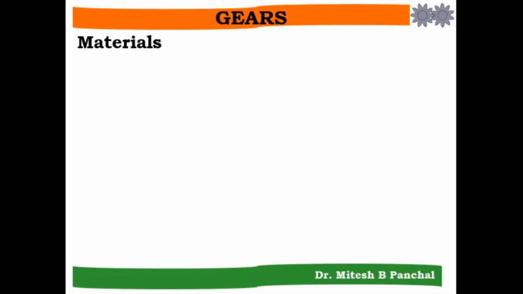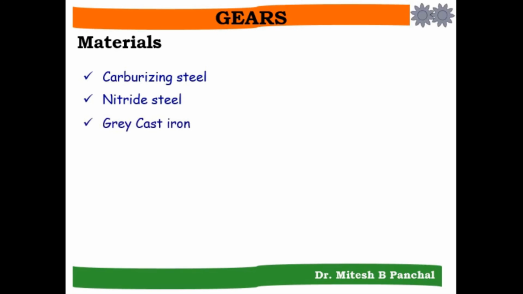Now we will see the different materials for gears. Carburizing steel, nitrided steel, grey cast iron.